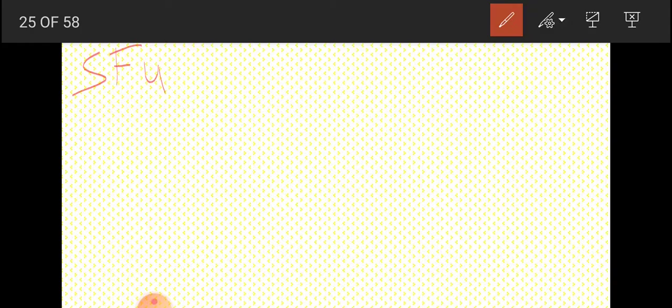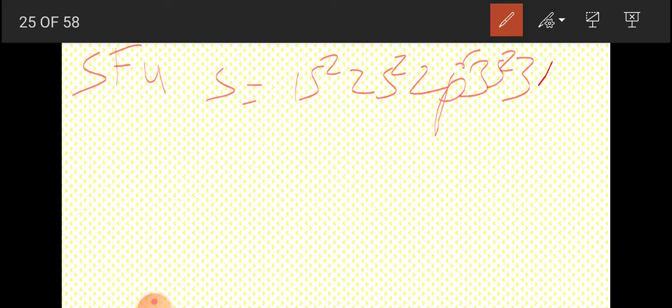Sulfur is in group 16 and thus has 6 outer electrons. The electronic configuration of sulfur will be 1s2, 2s2, 2p6, 3s2, 3p4. 4 outer electrons are used to form bonds with the fluorine atoms and 2 electrons are non-bonding.